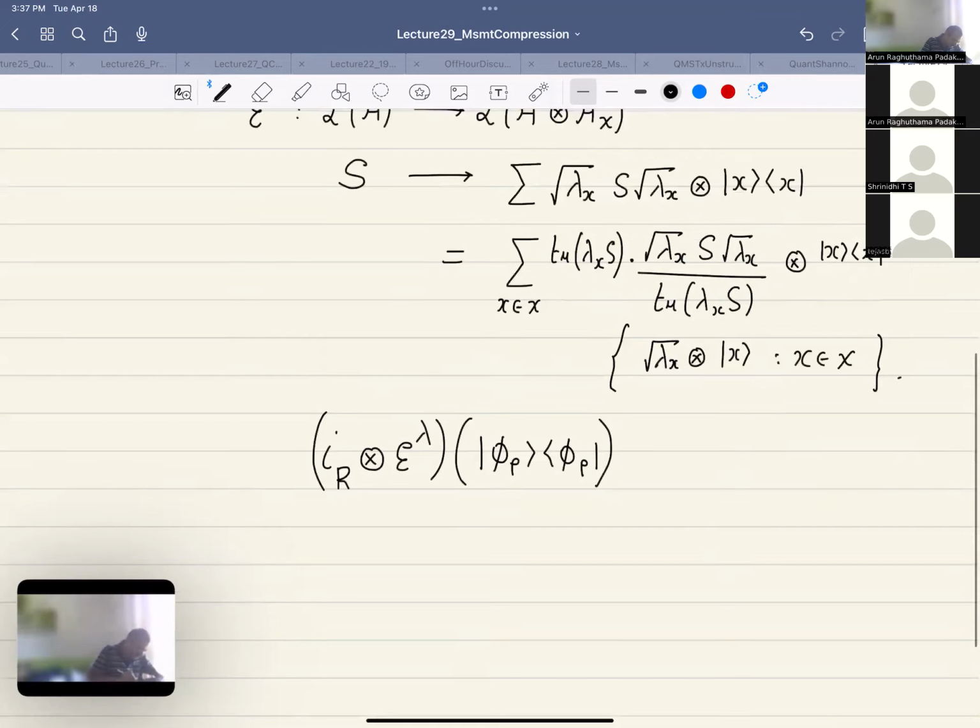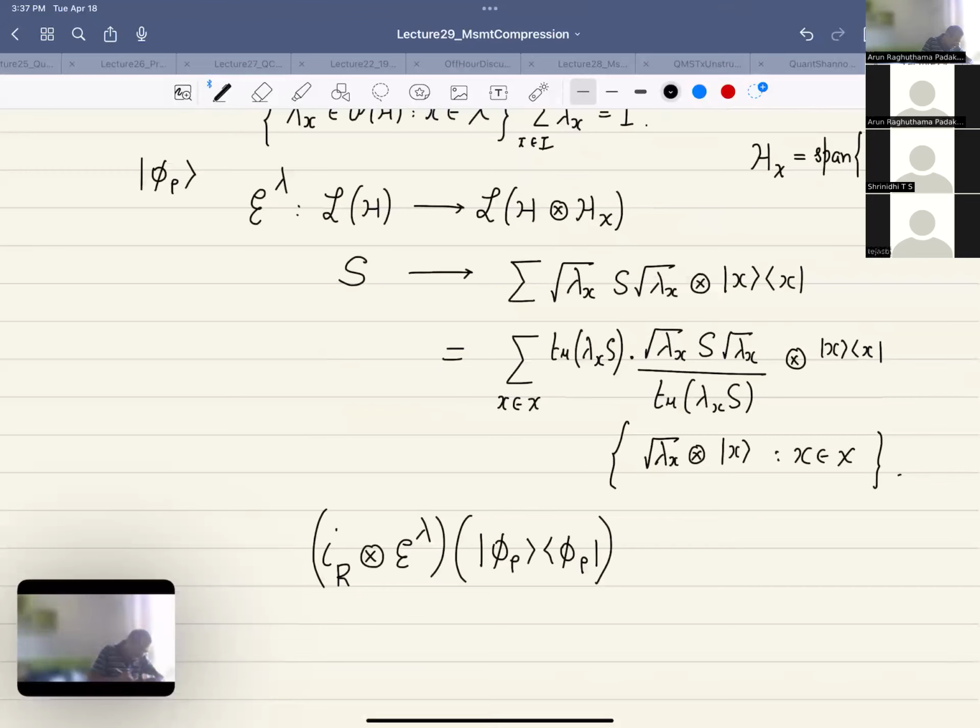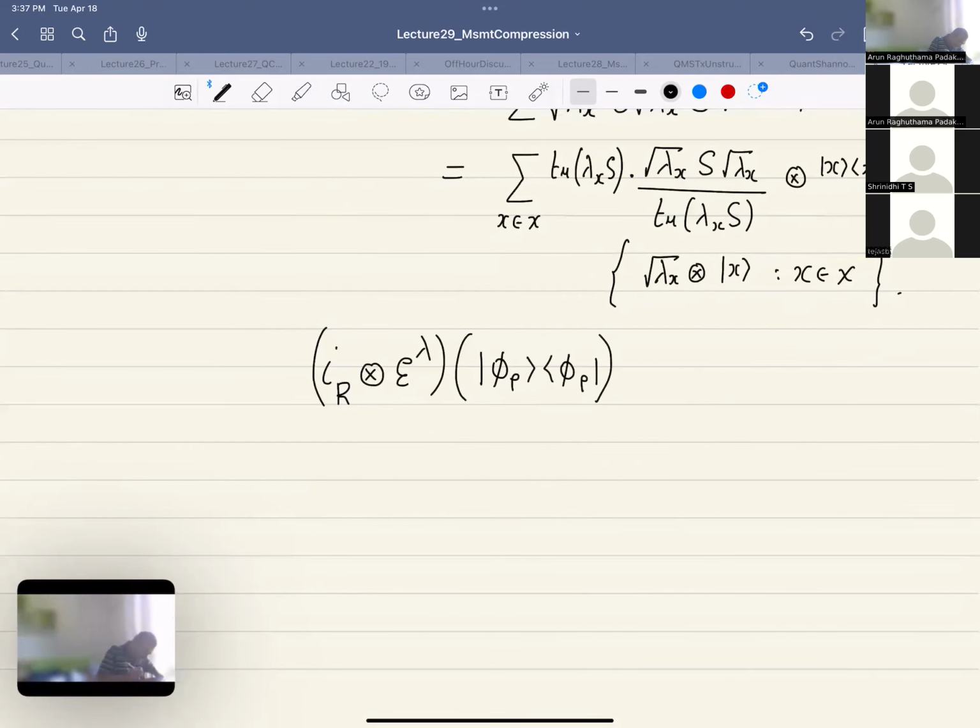As I told you, for the outcome of a POVM, the quantum state is not well defined because of the rotation issue. You can take a general measurement and apply a unitary at the end, and the outcome statistics will be the same. So what we do is trace out the particle space and keep the correlation with the reference space as is. So I'm going to do trace over A.